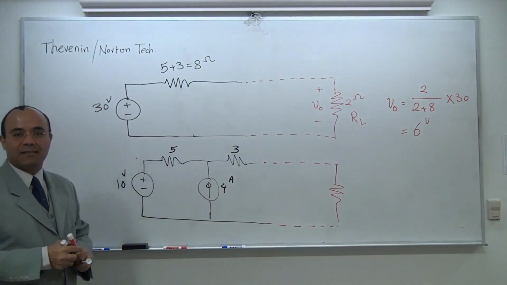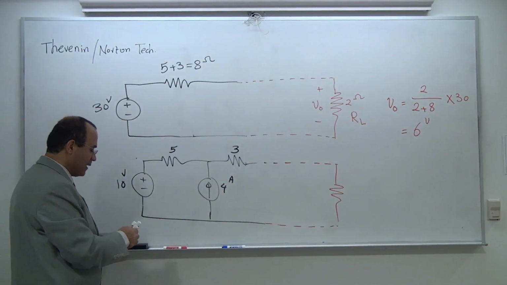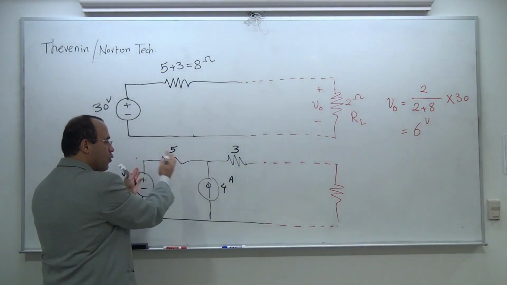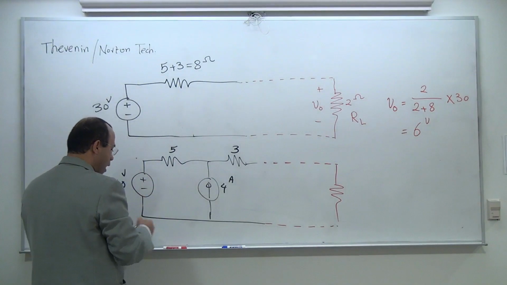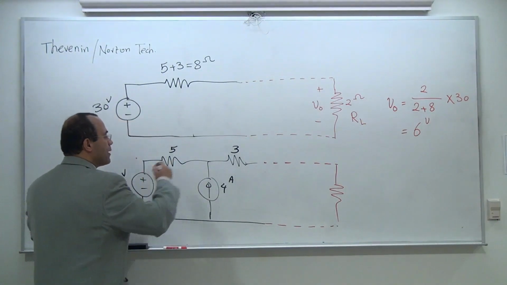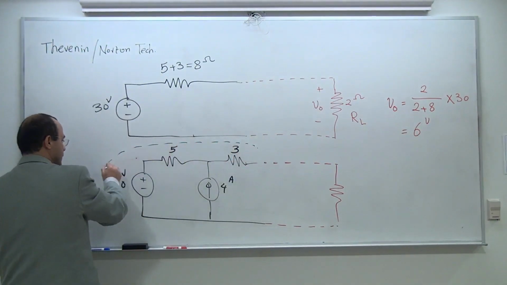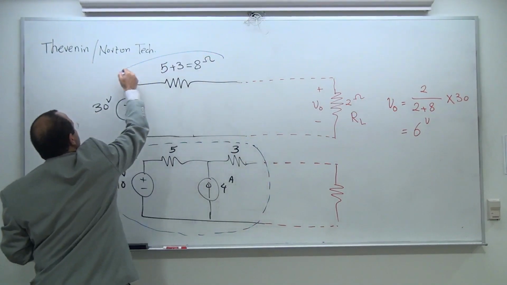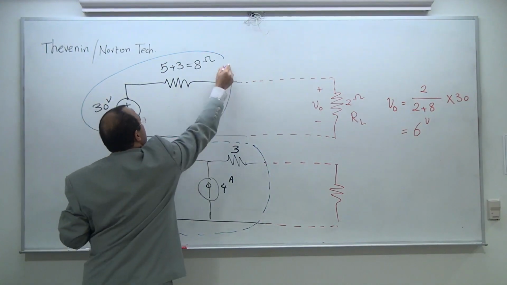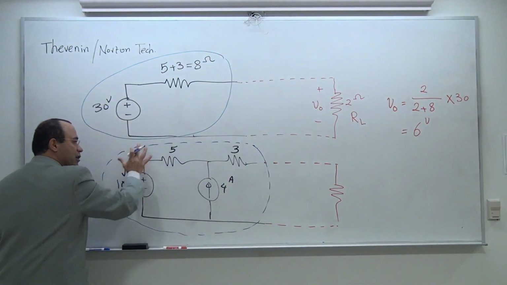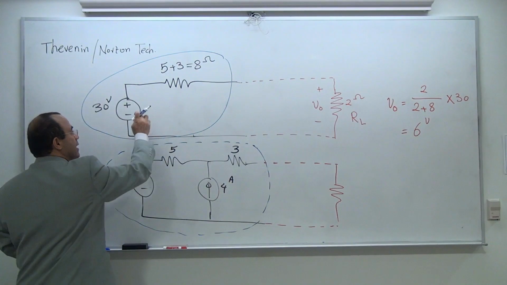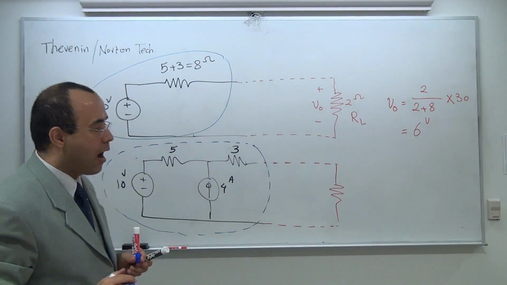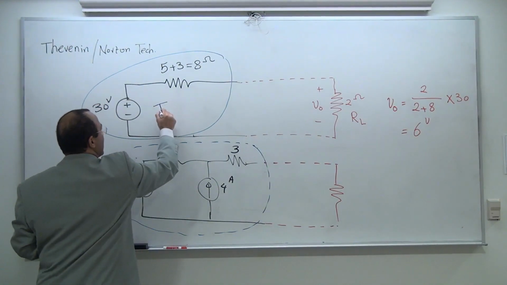If you look at the process, you can see that through successive source transformations from voltage to current and so on, I was able to replace this segment with this segment. The eventual transformation of this block is a voltage source and a resistor in series. I simply showed you how to get a Thevenin.